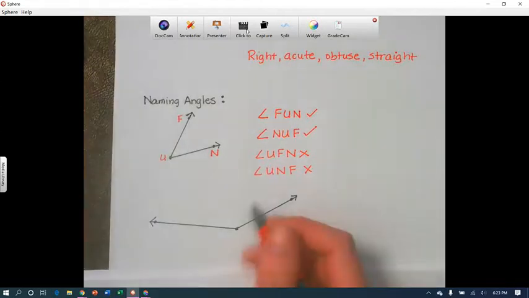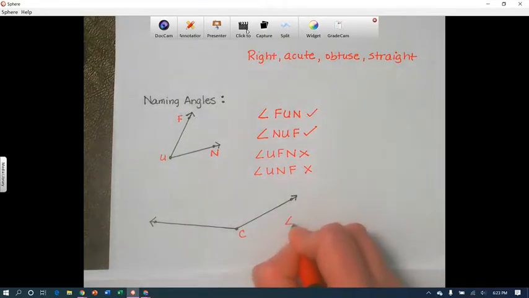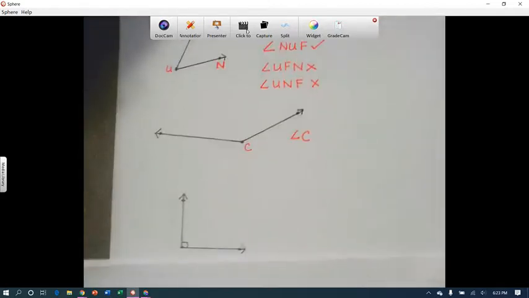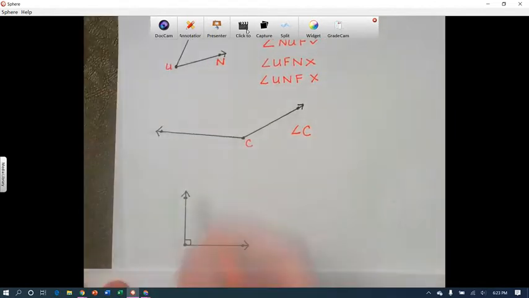So let's say that at this vertex I have a C. So there's only one way of naming that angle, and that is angle C, because we don't have any other points on the ray. And lastly, with this right angle, you could say this is angle 1, and that would be the name, just angle 1. So again, the symbol for angle looks like this.